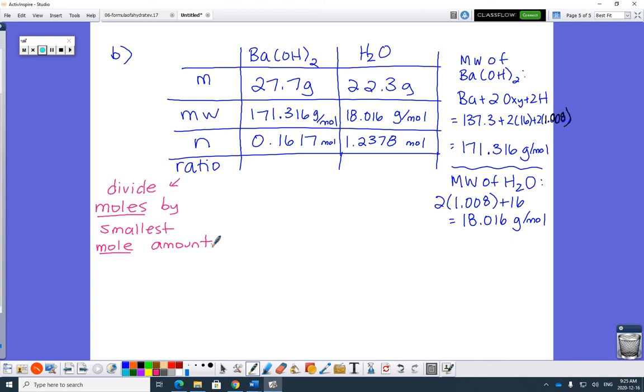So we're doing what we did yesterday. We're going to divide all the moles by the smallest mole amount. But we only have two columns, salt, water. The smallest mole amount should always be this, not the water. Okay? This should give you 1. So these questions are a little bit easier, really, to check, did I do this right?